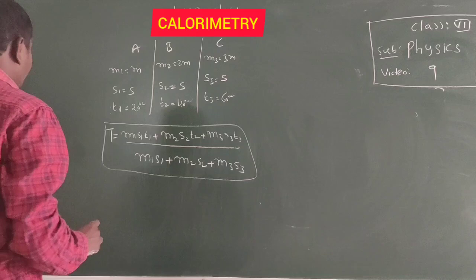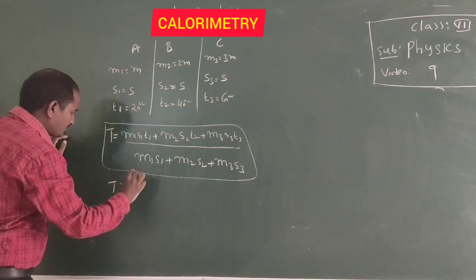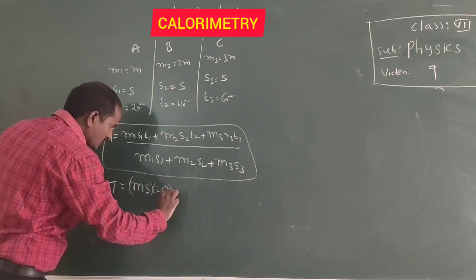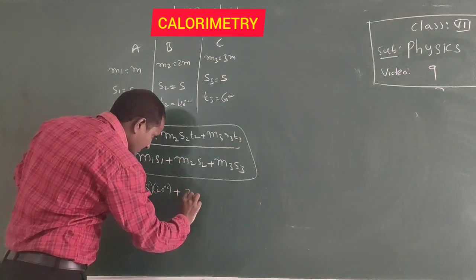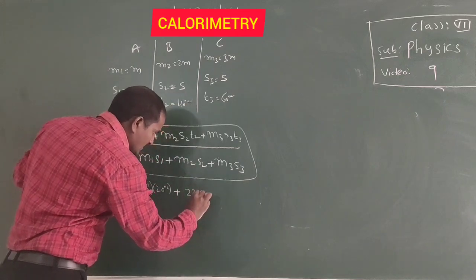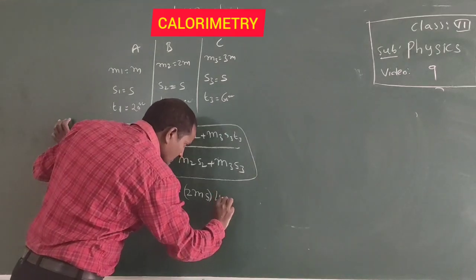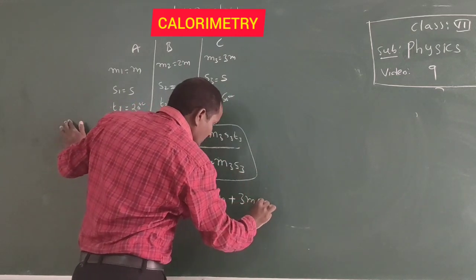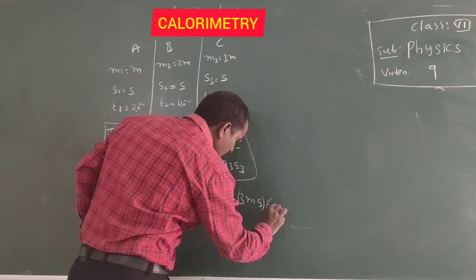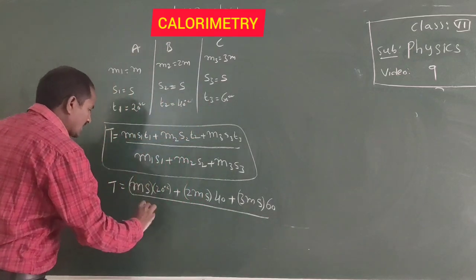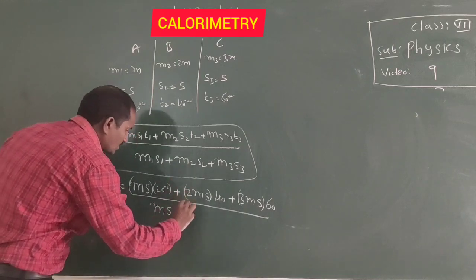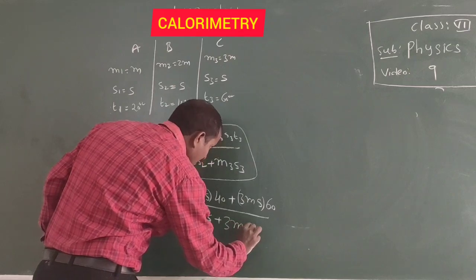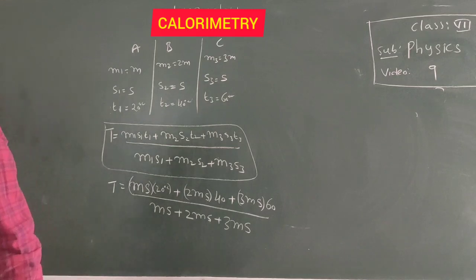Now here M1 equal to M, S1 equal to S and T1 equal to 20, plus M2 equal to 2M, S2 equal to S into T2 40, plus M3 equal to 3M, S3 equal to S into 60, by M1 equal to M into S, M2 equal to 2M into S and M3 equal to 3M into S. Okay, listen once again.